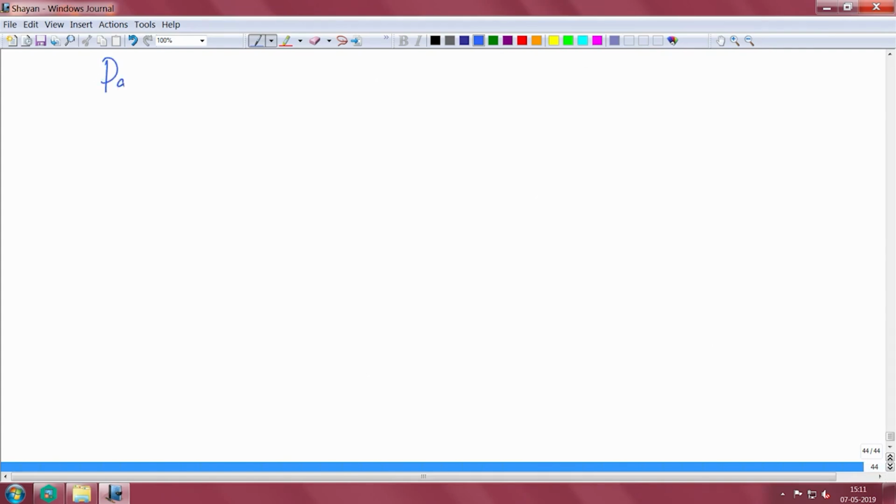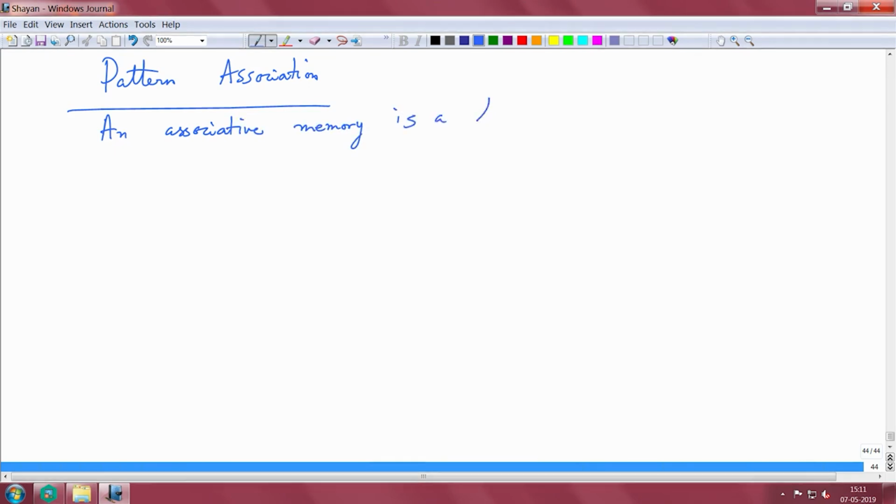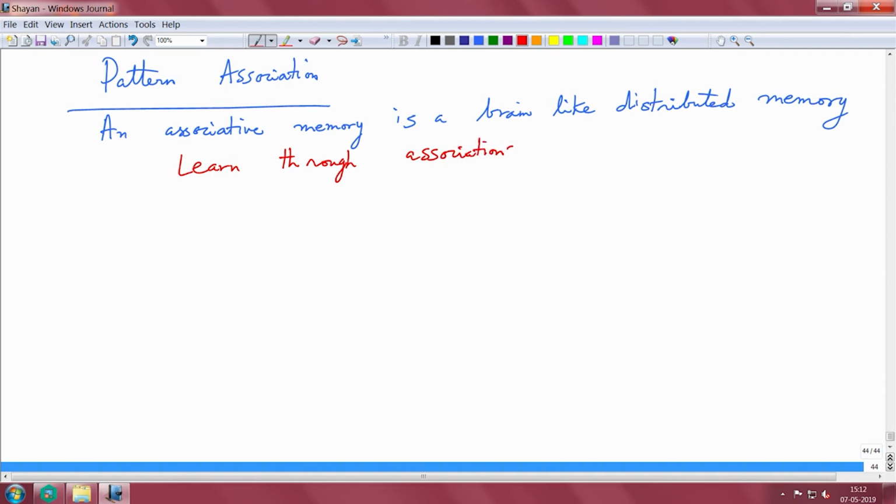The first thing is pattern association. An associative memory is a brain-like distributed memory, and what happens here is you learn through associations.